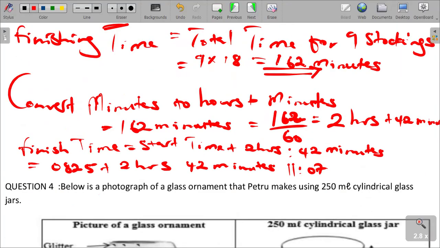Therefore, Petru will finish at 7 minutes past 11. That is the finish time.